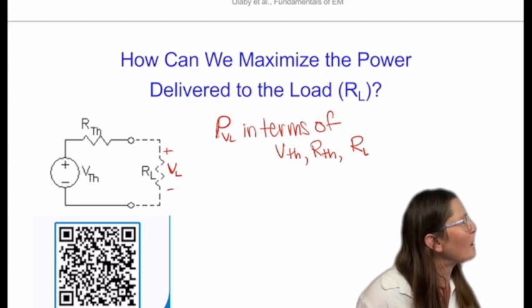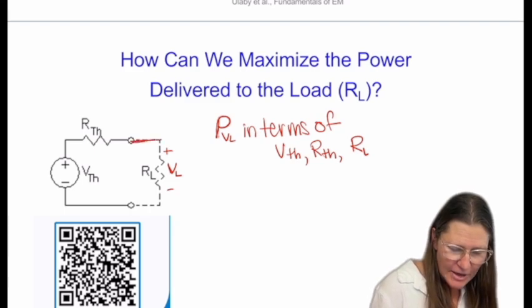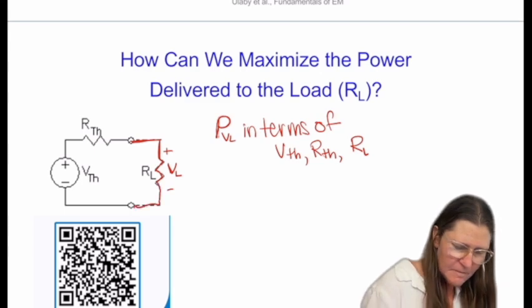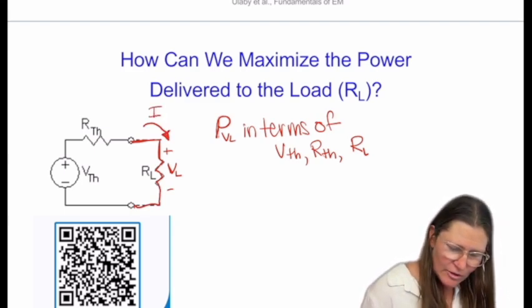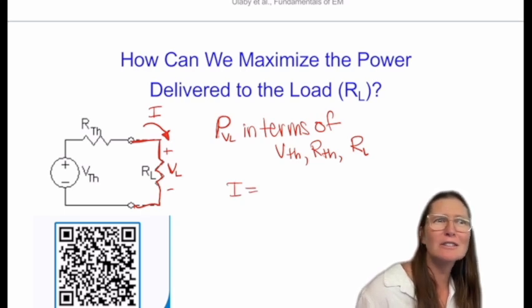So with this, since we're finding the actual power, we need to find the current in this branch. So the current is going to be what? I think a lot of you got this correct. What is the current here?